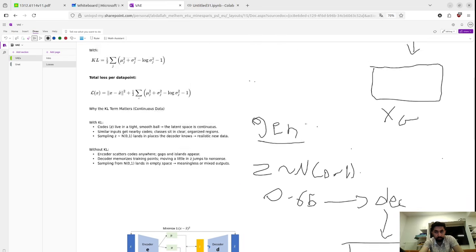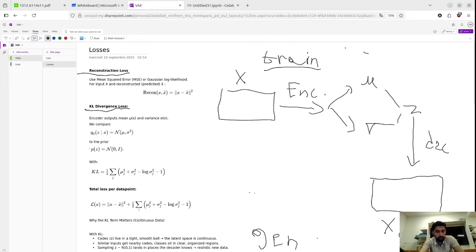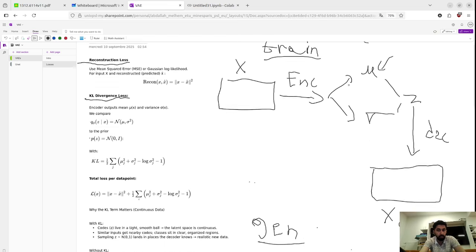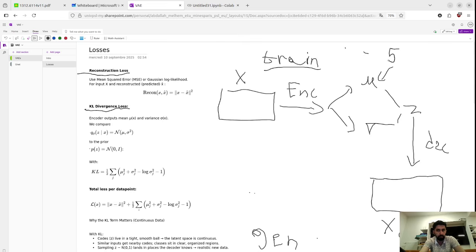So let's say that for the encoder, we didn't penalize means and standard deviations. So the encoder learned to predict whatever mean and whatever standard deviation it wanted. Let's say it got a really big value of mean, let's say 5.